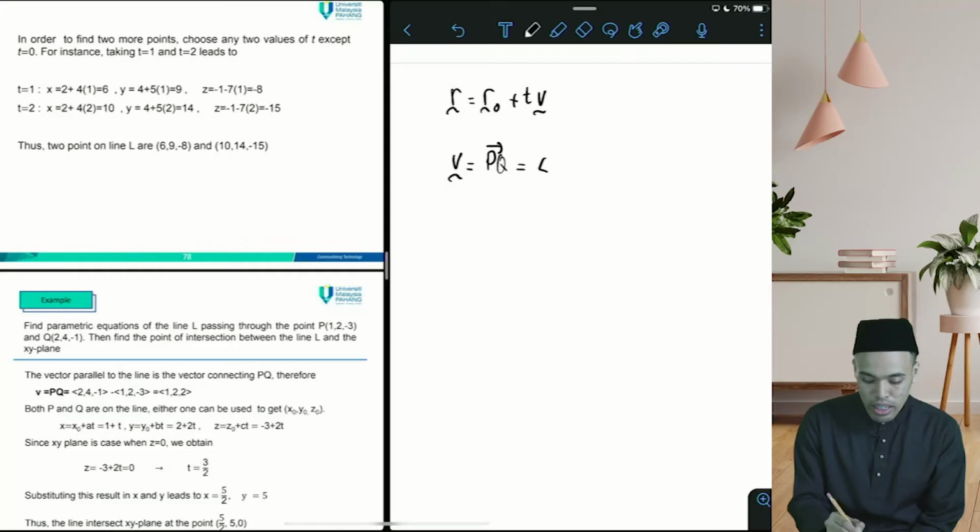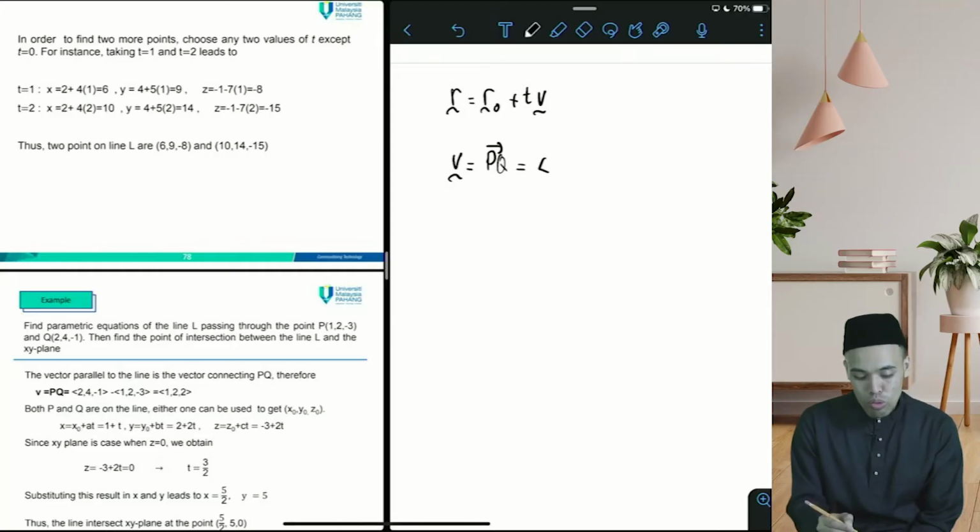In this case, you have to find point Q minus point P according to the coordinates: x coordinate with x coordinate, y coordinate with y coordinate, and z coordinate with z coordinate.